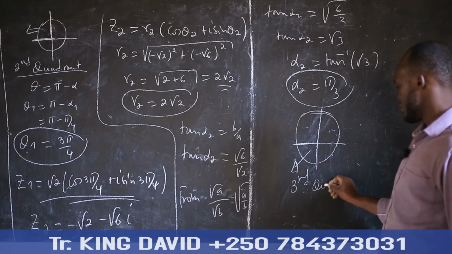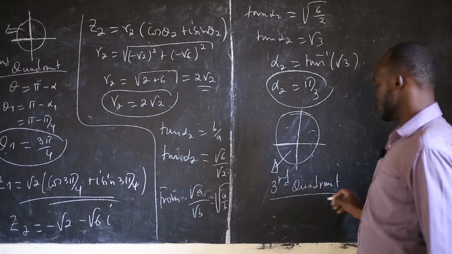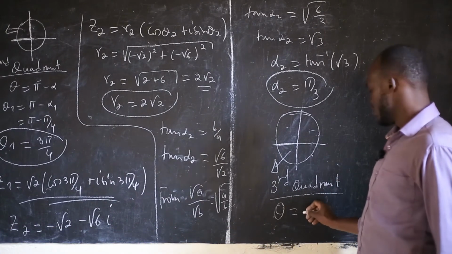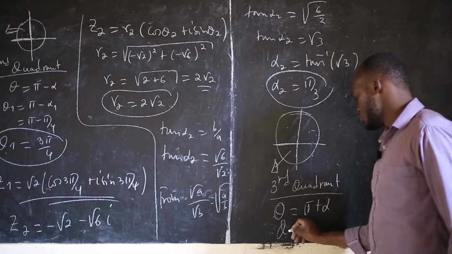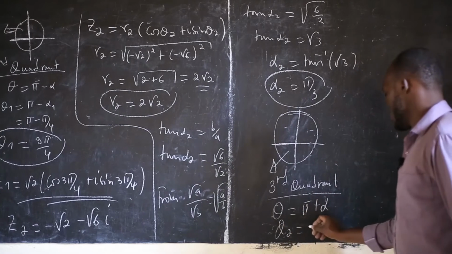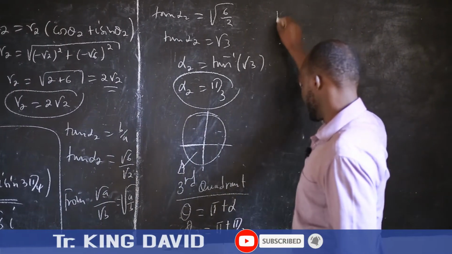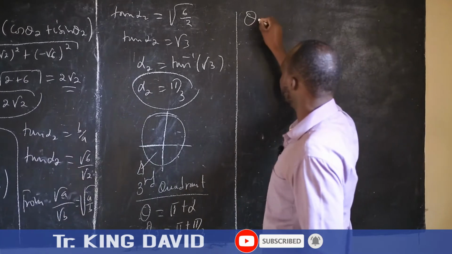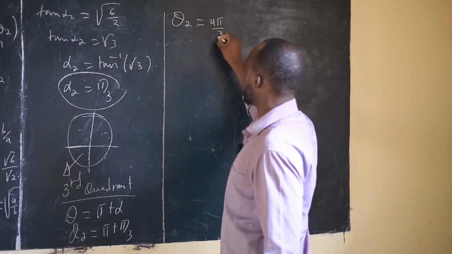And you know that in the third quadrant, the angle equals pi plus alpha. So our angle 2 will be equal to pi plus pi over 3, meaning that our angle 2 will be equal to 4 pi over 3.